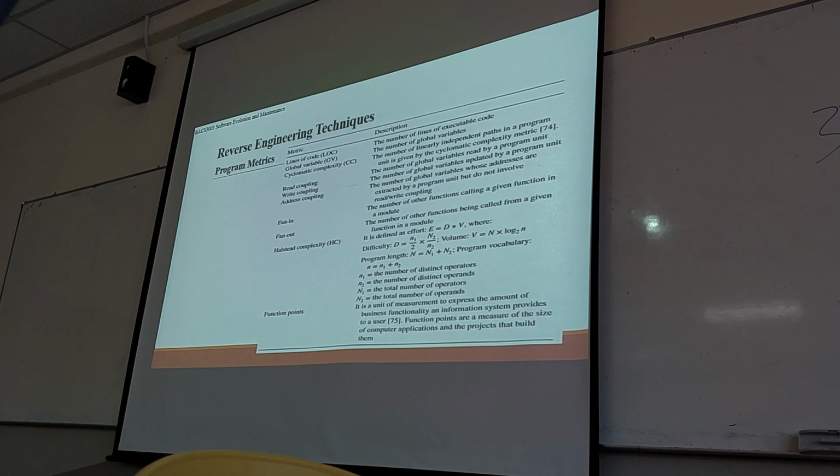The number of variables read by a program unit. Write coupling: the number of global variables accessed or written by the program unit. Address coupling: the number of global variables where the address is extracted by a program unit but not involved in read-write coupling.